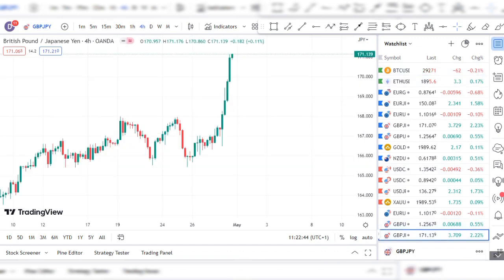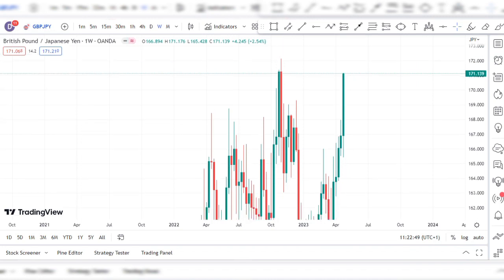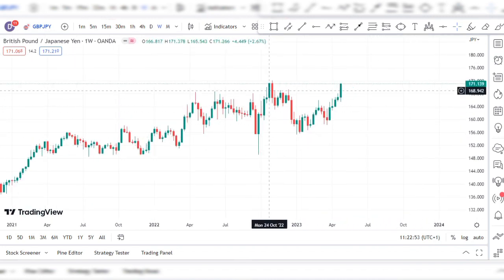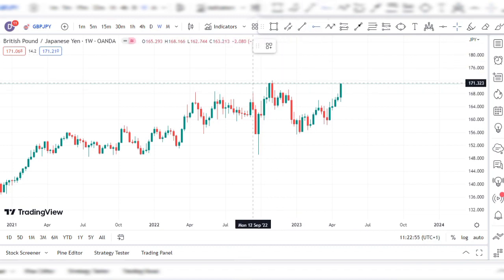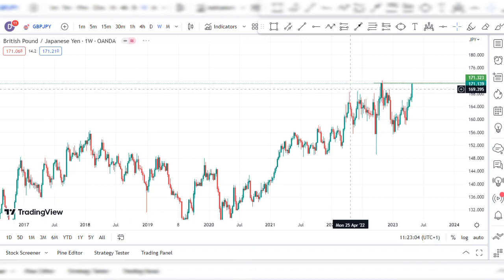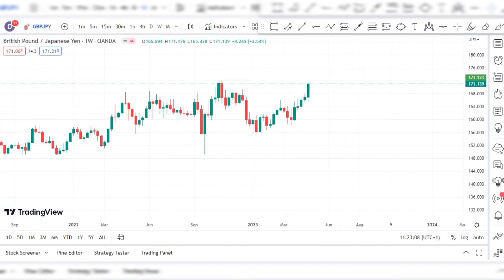And lastly, we're going to look at GBP JPY. With GBP JPY, you can see how strongly bullish price has been. Price has now got into this resistance area, and I'm just looking to see how price reacts to this resistance area, if price is going to break it or if price would bounce to the downside.